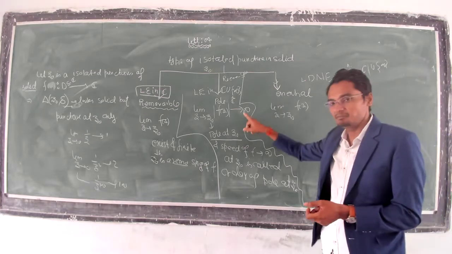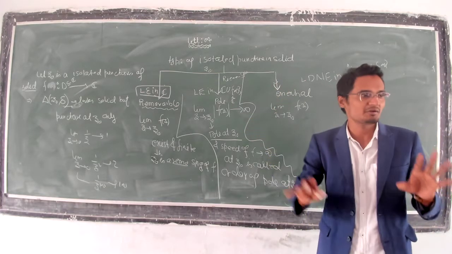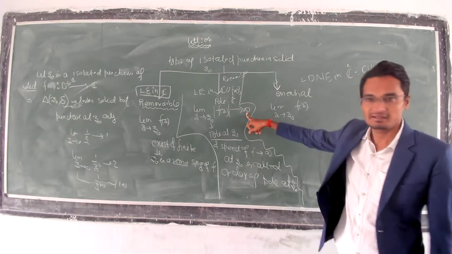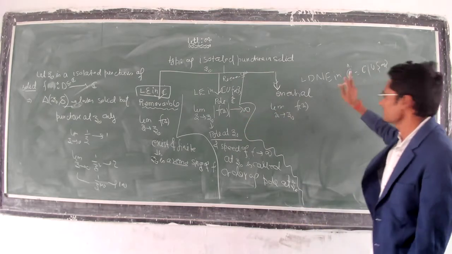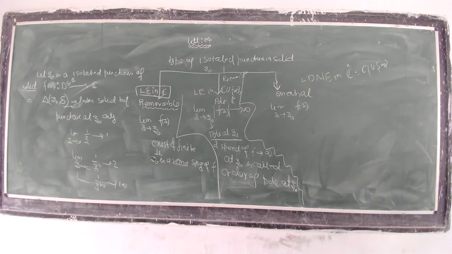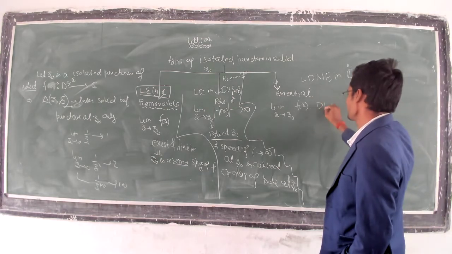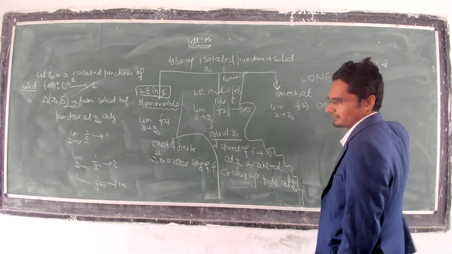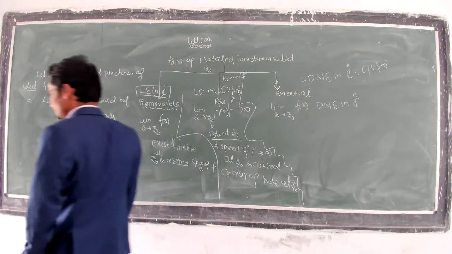In the pole case, it will always go to infinity, whatever path you choose, coming from this way, this way, this way. But this is not the case here. So here the limit does not exist in C hat. All right.